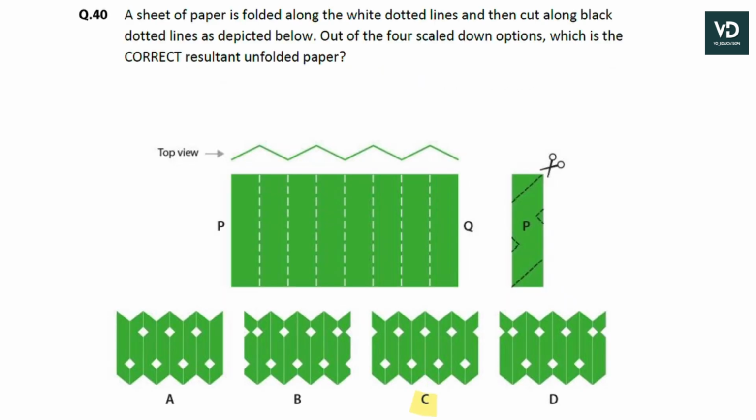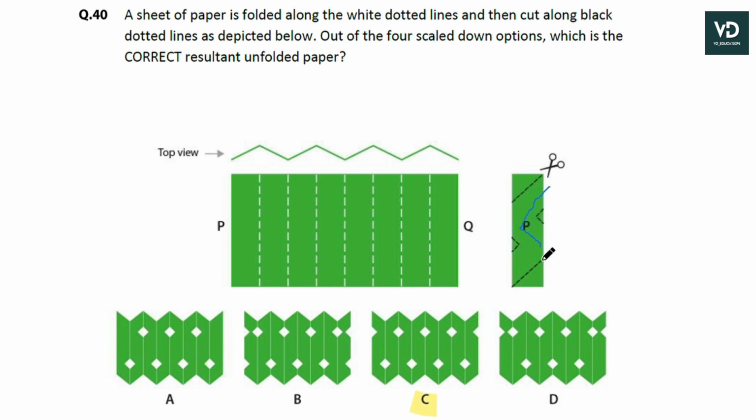A sheet of paper is folded along the white dotted line, then cut along the black dotted line as depicted below. Out of the four scaled down options, which is the correct resultant unfolded paper? Here we can see the main shape.